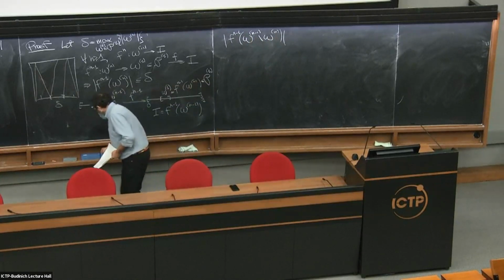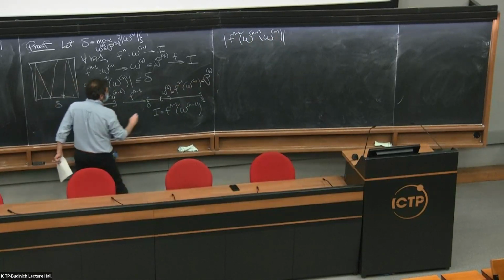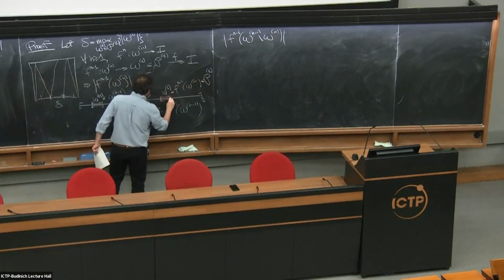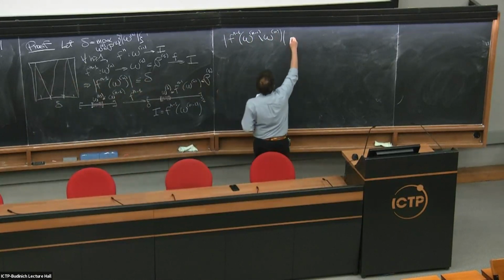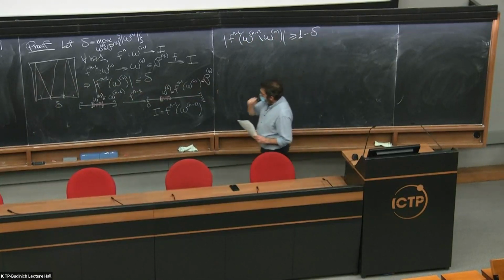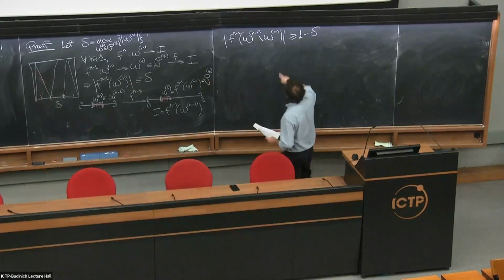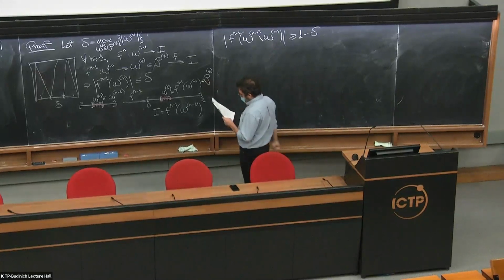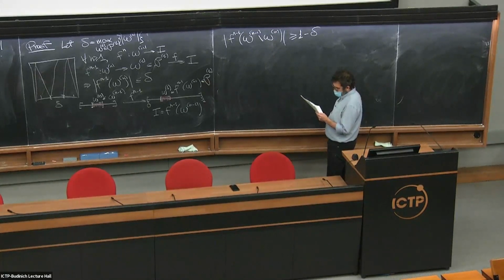So here we have omega n, and this is the image of omega n. So this is greater than or equal to 1 minus delta, because F^(n-1) of omega n is less than or equal to delta. So the image of the complement is greater than or equal to 1 minus delta. And therefore, we have that, let's see.